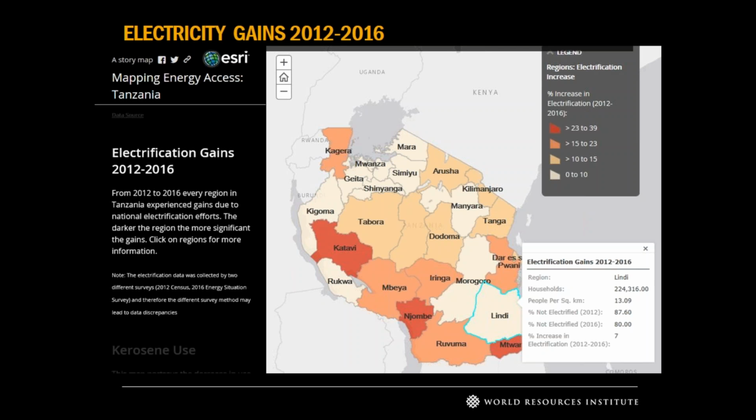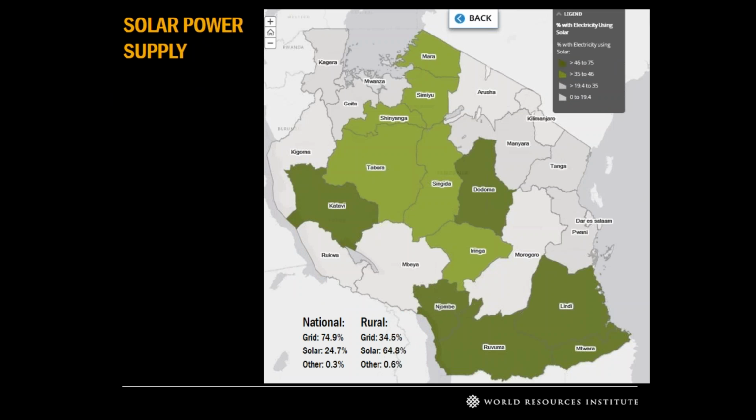Remember, of course, that 2016 was sample data. One important thing I would like to point out in the 2016 update is that this extent of electrification, which we saw in the previous map, has been contributed significantly by solar penetration.